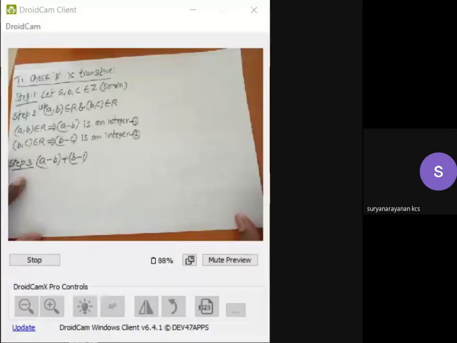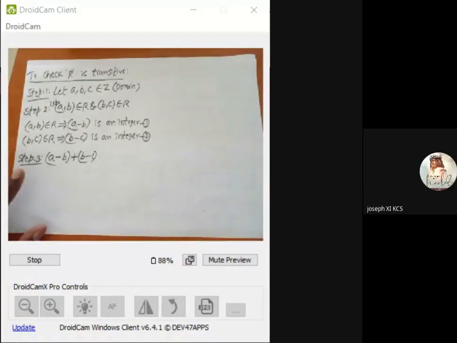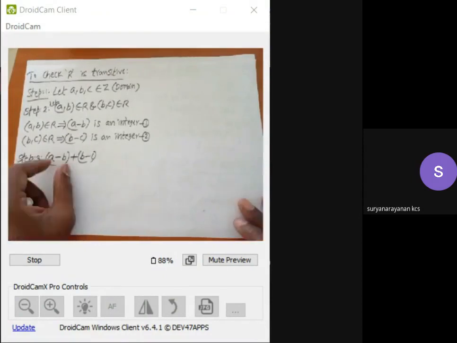Now, are you able to see that screen? Yes, sir. I wrote here A minus B plus B minus C. What is A minus B? It is an integer. Yes or no?